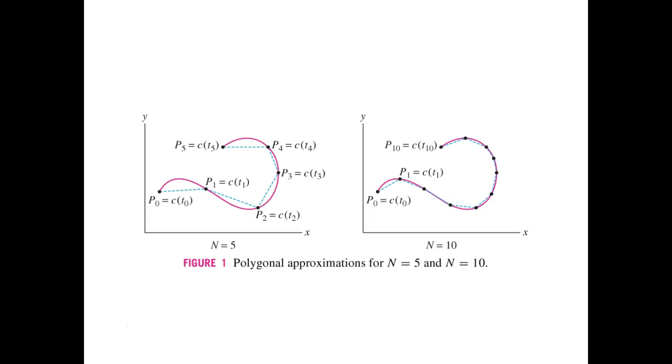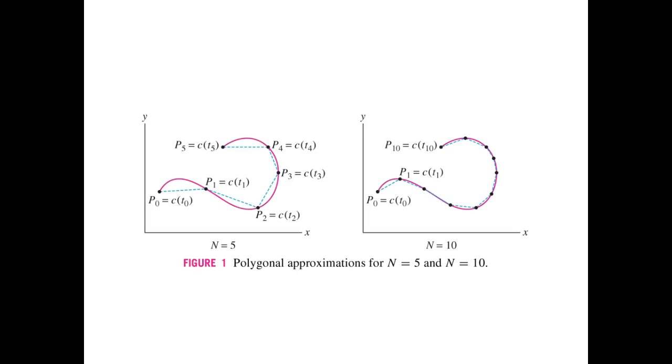But this could be, and probably is, a parametric equation where y is some function of t and x is a function of t, and that produces this curve C, a curve or pathway that is also a function of t. So here it would be at P0, which is C of t0, at P1, C of t1.